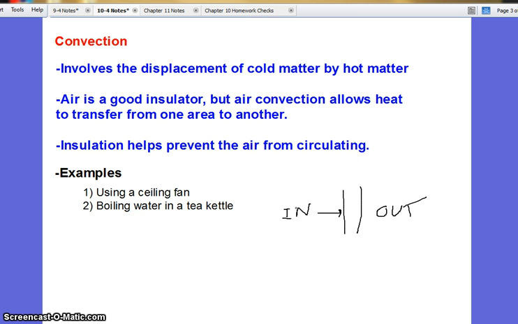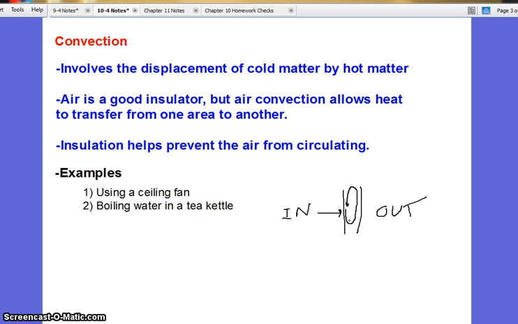So again, the inside temperature is warmer than the outside temperature. It prevents the heat from flowing to the colder temperature. The problem is that air will circulate, and the circulation of air we call convection. And the circulation of air will speed up the process. It's not a perfect insulator, and the circulation of air will speed up the process, allowing the heat to transfer to the outside a lot faster.